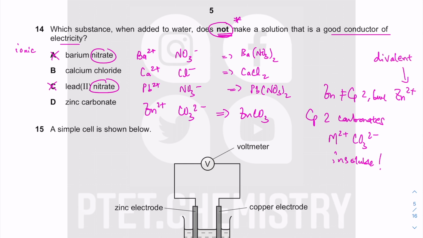A lot of the divalent cations, meaning 2+ charge, are going to behave like the group 2 carbonates. They are insoluble in water. So insoluble in water, despite being ionic, means that they're not going to give you the free ions that will conduct electricity very well. Okay, so calcium chloride is indeed soluble in water, so zinc carbonate is the best option compared to calcium chloride.